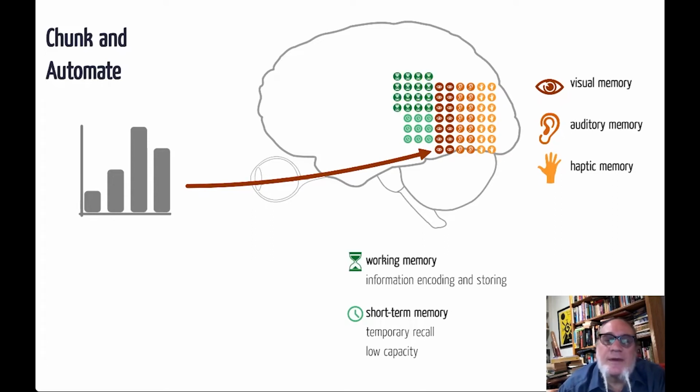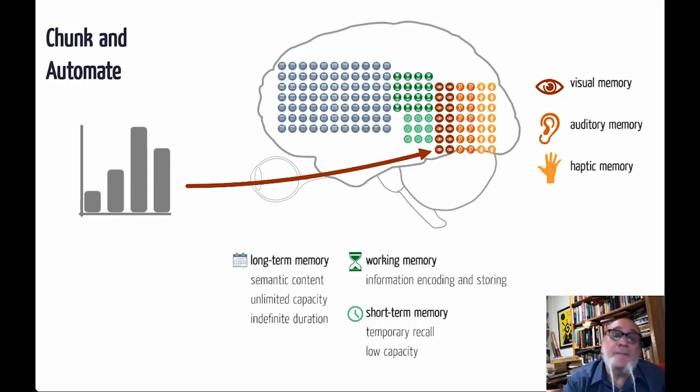And from our short-term memory, it passes into our working memory. Our working memory is where that information is encoded and stored in our long-term memory. This is where our long-term memory has semantic content, meaningful content. And it also has effectively unlimited capacity and indefinite duration.